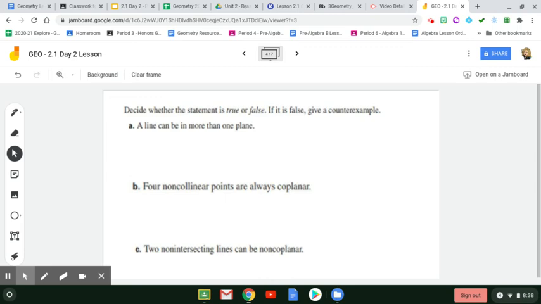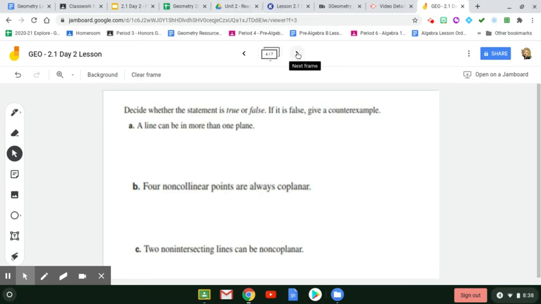Coplanar means that you are existing on the same plane. Part C is 2 non-intersecting lines are non-coplanar. So we have 2 lines that are not touching, and they are not in the same plane. So think about those as true or false. Pause your video and see if you are able to come up with the true answers for these.